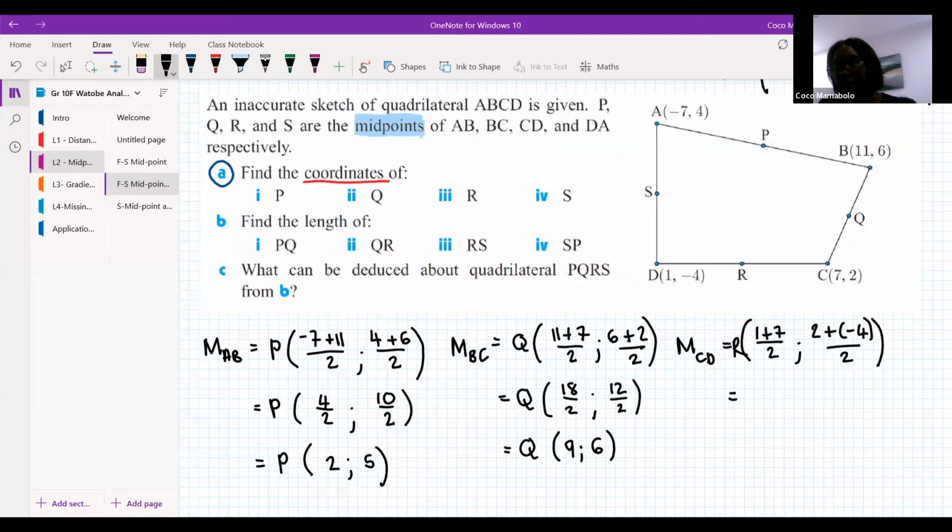I've got to put my R in there. Eight over 2. 2 minus 4 will give me -2 and 2.